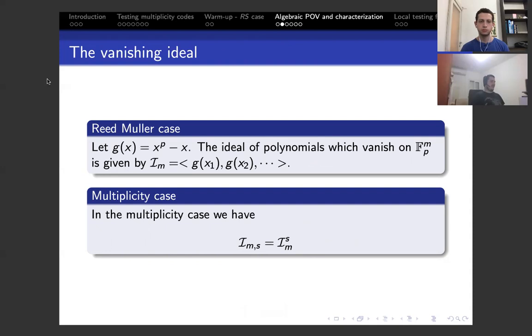So let's define g(x) to be x to the p minus x. Then the ideal of polynomials which vanish on F_p^m is exactly generated by g(x1), g(x2), and so on. So this is what's known as the combinatorial Nullstellensatz, where you can see that one direction is trivial because every g(xi) vanishes on F_p^m.